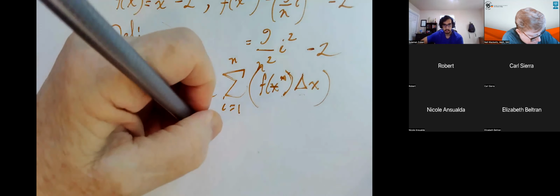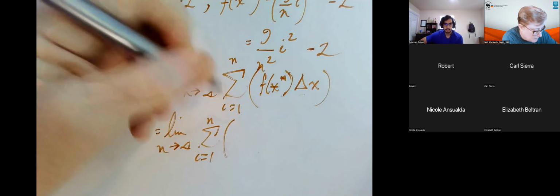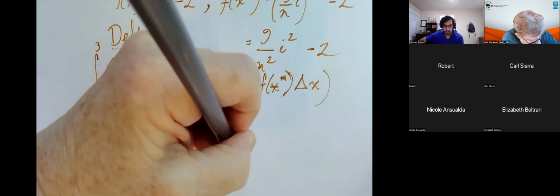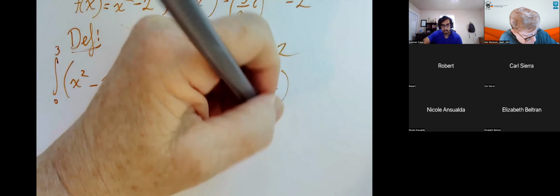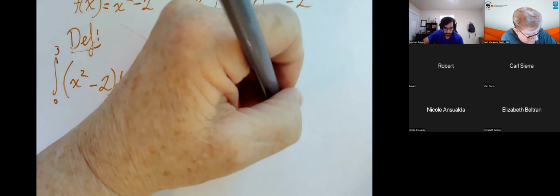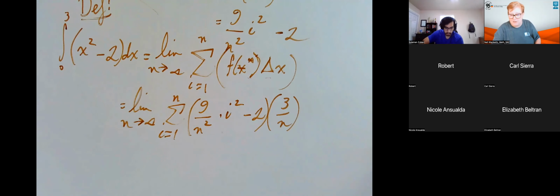So we've got the limit as n goes to infinity of the sum I equals 1 to n of 9 over n squared times I squared minus 2, all times 3 over n.